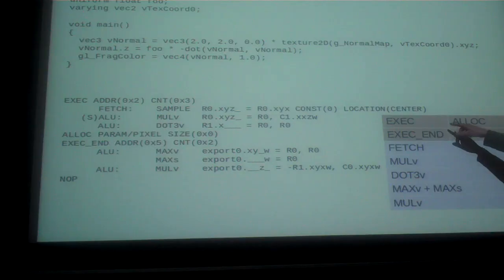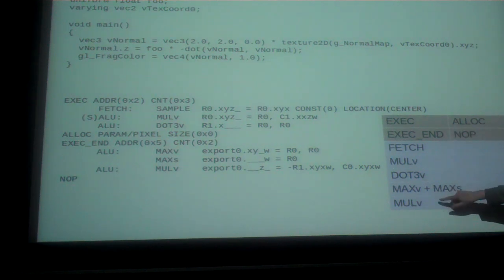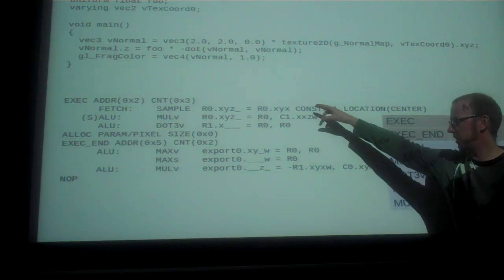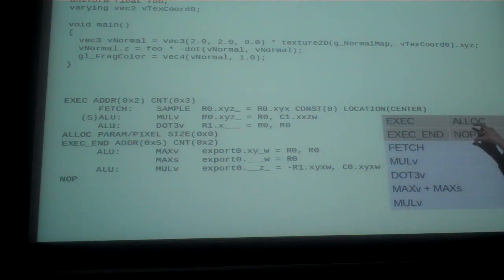This is how it's laid out in memory: you have exec, out, end exec, and no op. But this exec actually points to these three instructions, and the exec end points to these next two. So conceptually it's in this order, and in memory it's in this order. I think that helps the hardware figure out how to schedule things.